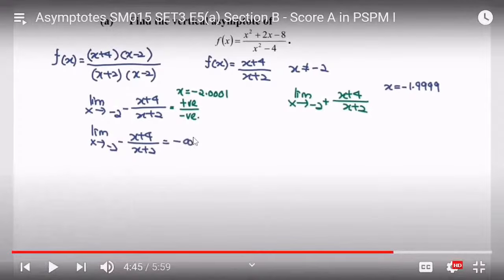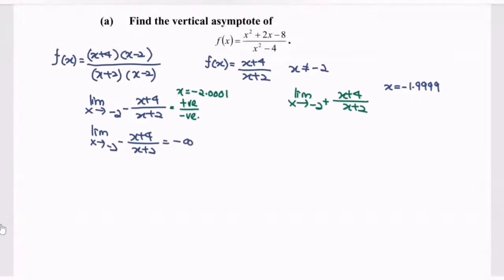Negative infinity. Maksudnya nilai you akan going down. Dia tak akan pergi sentuh. Faham tak? Dia tak akan pergi sentuh. Dia akan decreasing. So bila ada simbol ini, maksudnya ini adalah asymptote you. Okay? The value decreasing when x approaching negative 2 from the left.